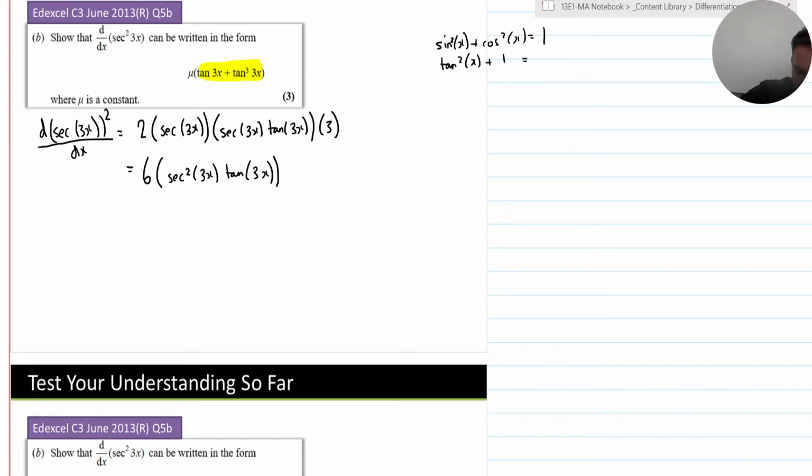To get tan, I need to divide by cos. So I end up with tan squared x plus 1 is equal to sec squared x.